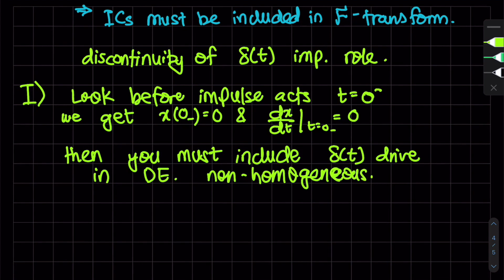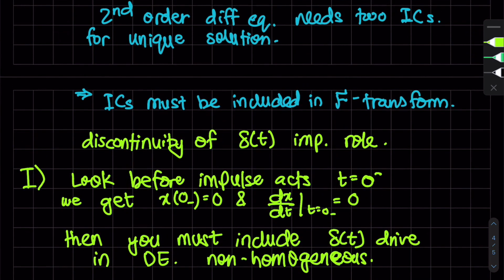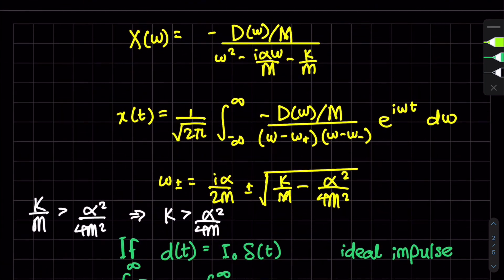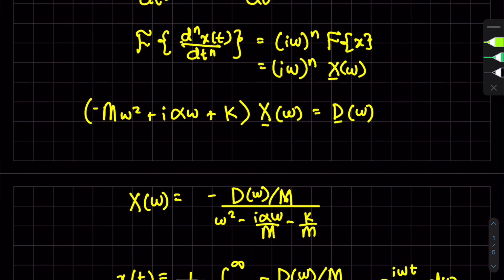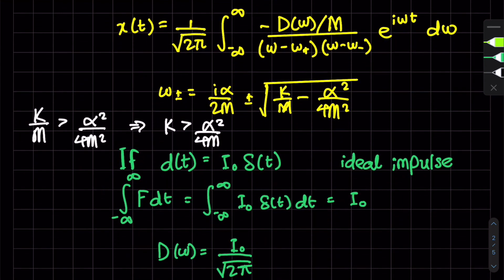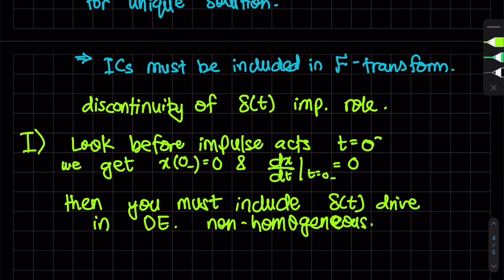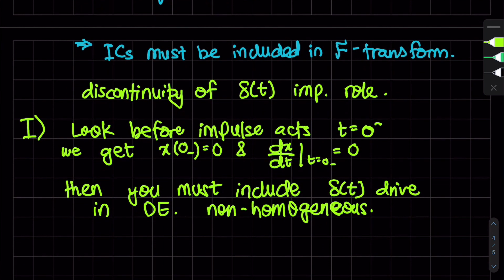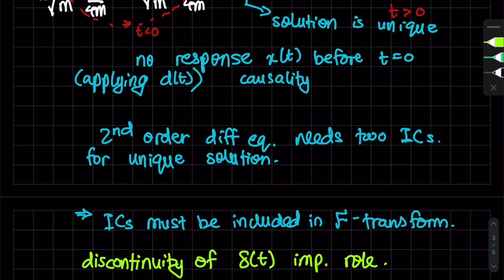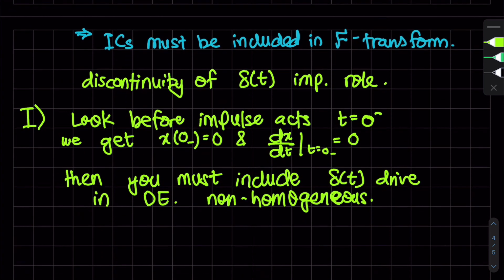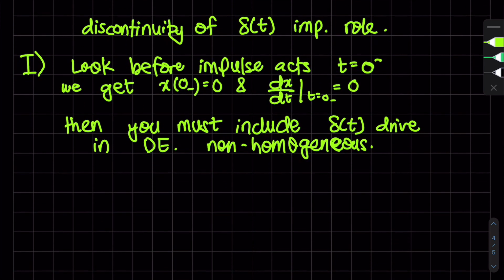This is exactly what we did when we did the Fourier transform directly. We just plugged in, in place of d of t, this I naught times delta of t. In that, we're naturally assuming causality, which is a valid assumption for this physical system. So causality is a baked-in assumption, because we chose to include the delta drive, the d of t term, in the differential equation.